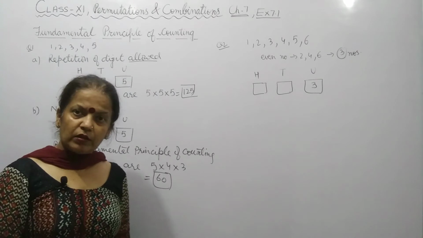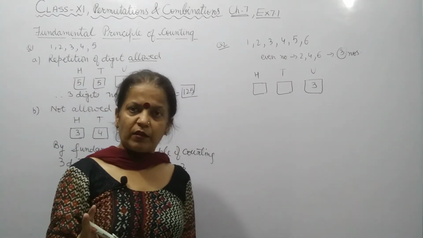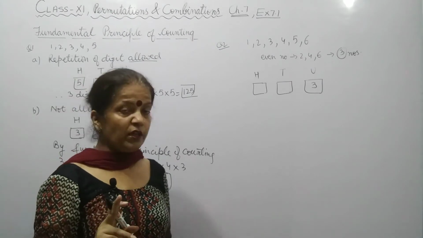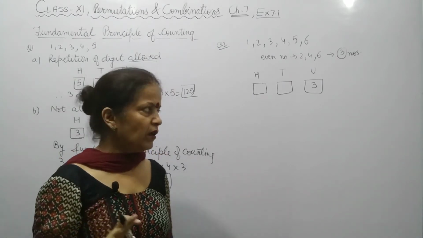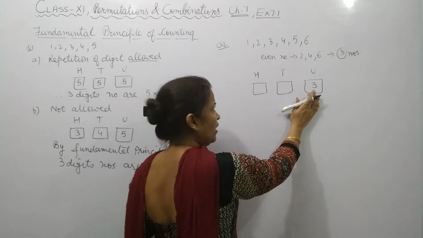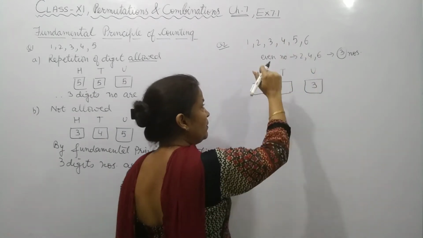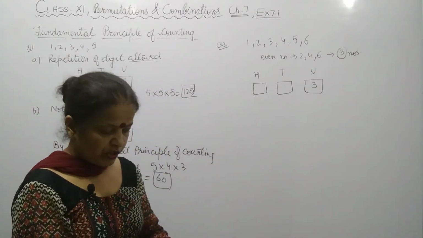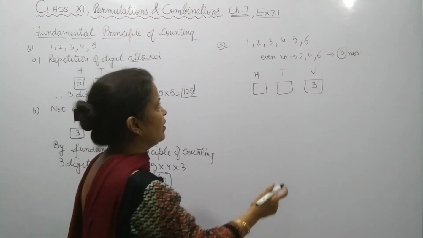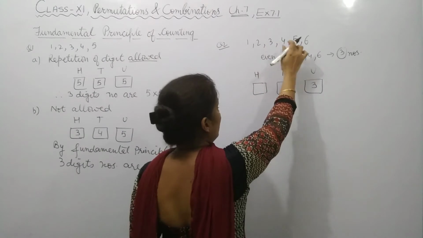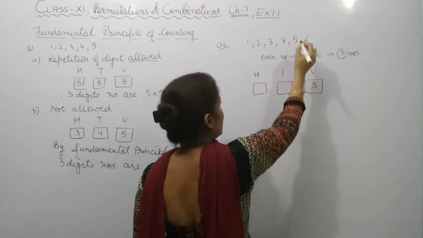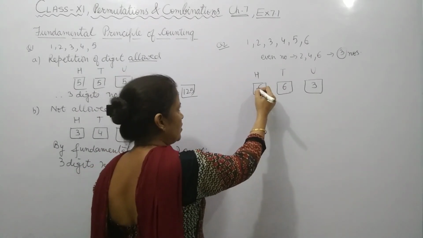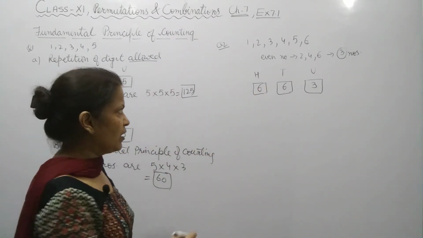So out of 3 you can place any one. Now the question is that the digits can be repeated. Means एक number यहाँ आ गया out of these. So what will be the left out? Digits can be repeated. Question में लिखा है digits can be repeated. So the total numbers are 6. So here it will be 6 and at 100 also place it will be 6.